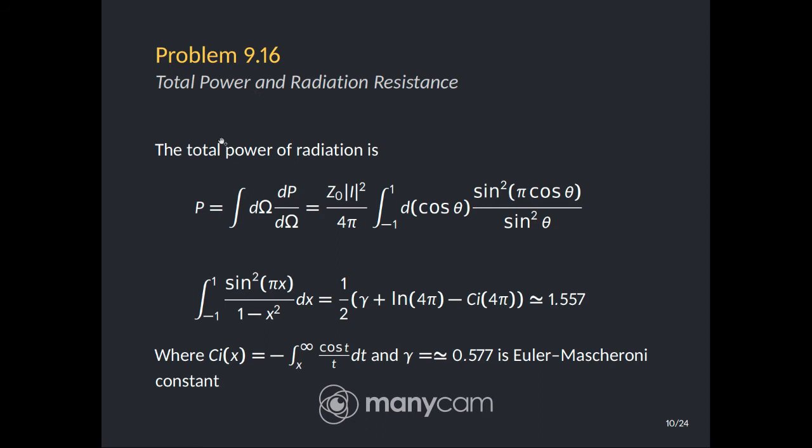The total power and the radiation resistance are calculated in the following form. P is the integral of the power per solid angle over the whole solid angle.